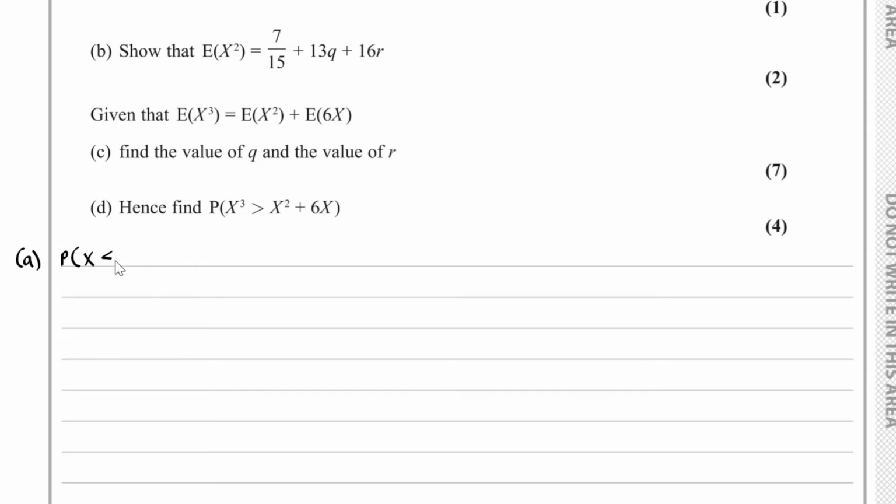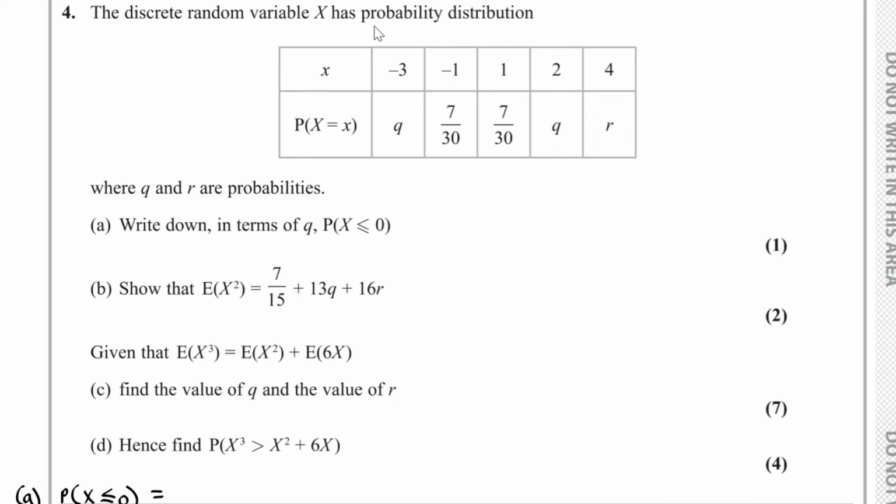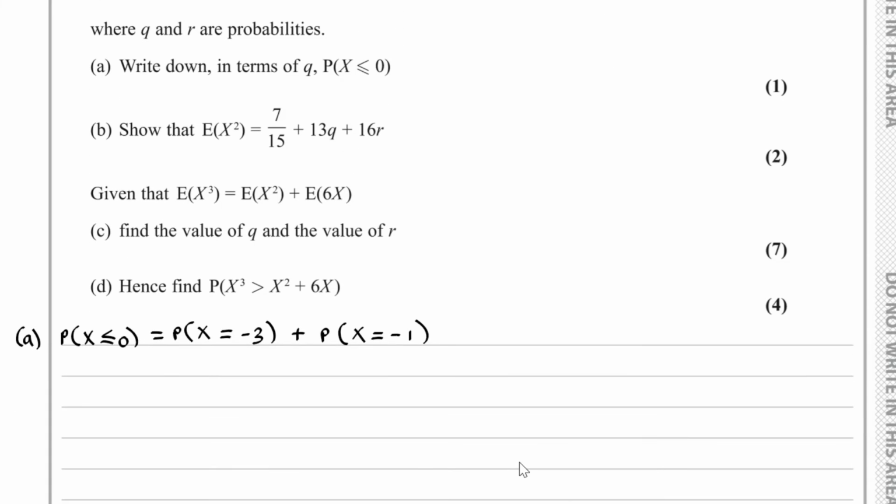The probability that x is less than or equal to 0, well, if you look at your table, we can either have the probability that x is equal to minus 3, or we have the probability that x is equal to minus 1. So working that out, we end up with q plus 7 over 30. Okay, that's part A done.